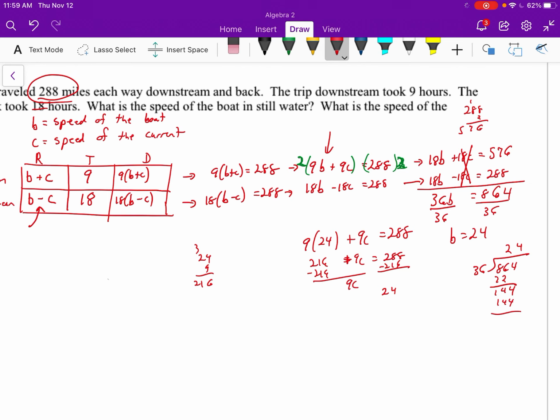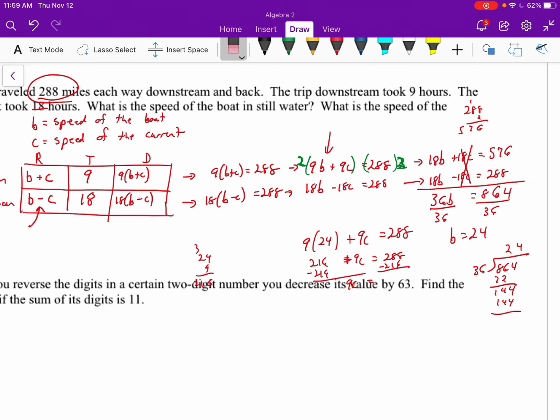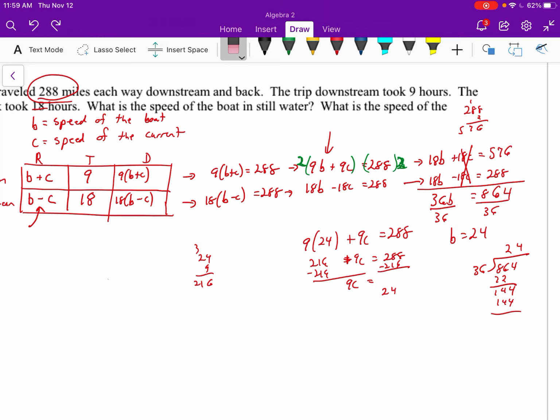We get 9c equals 72, dividing both sides by 9, c equals 8.